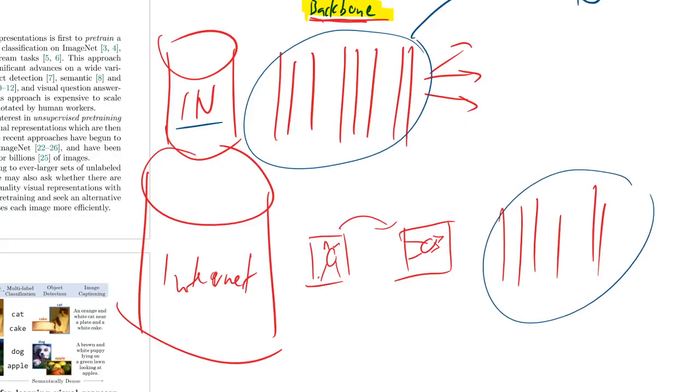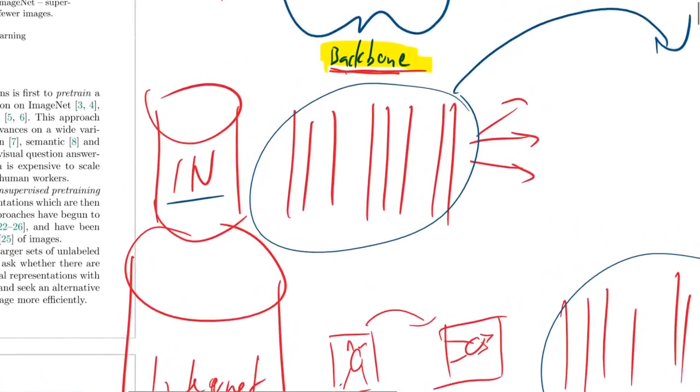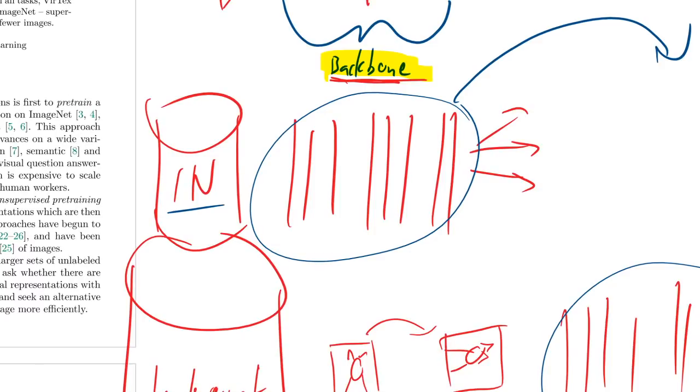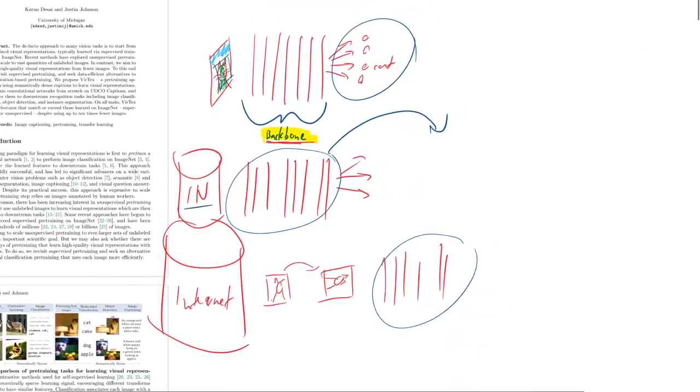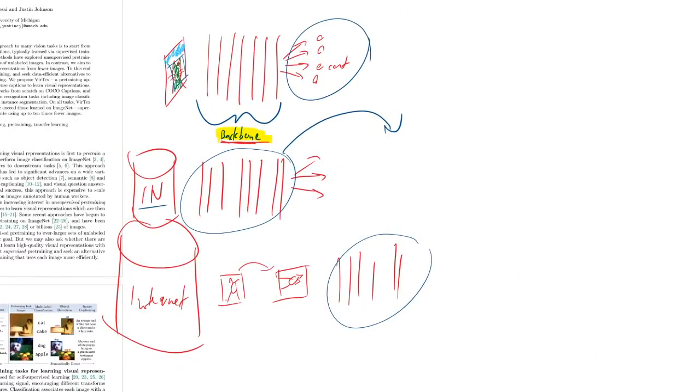These self-supervised methods, they work very well. There is a number of them, for example, MoCo, things like this. And there's also a number of techniques that do supervised pre-training and then transfer learning. You can maybe watch my video on Big Transfer, which is a very large attempt to pre-train a backbone for visual tasks.